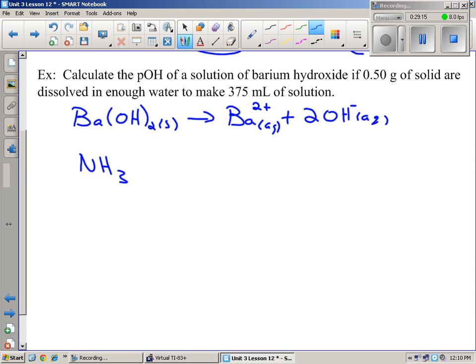And this is a weak base, by the way, so we're probably not going to do that with these anyway. This one already has the hydroxide there, so we don't have to worry about adding water to form hydroxide. It's already part of that ionic compound. So this one just simply dissociates. Okay? So this is perfectly fine.